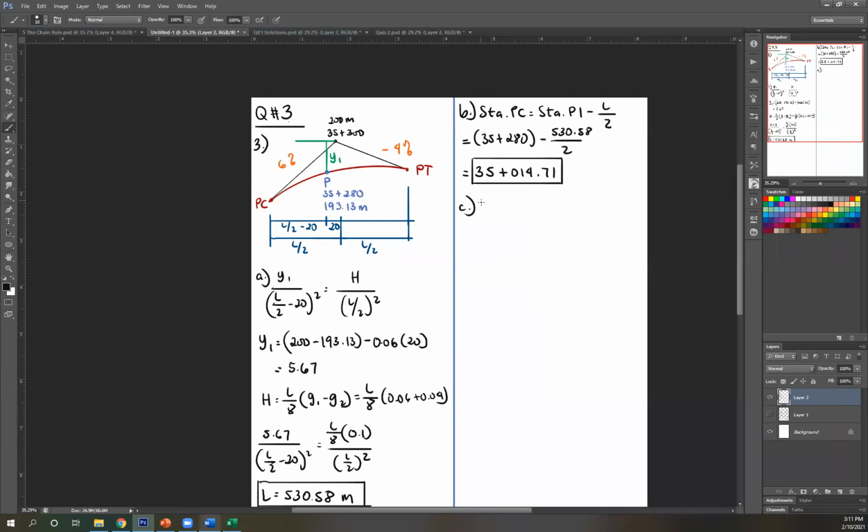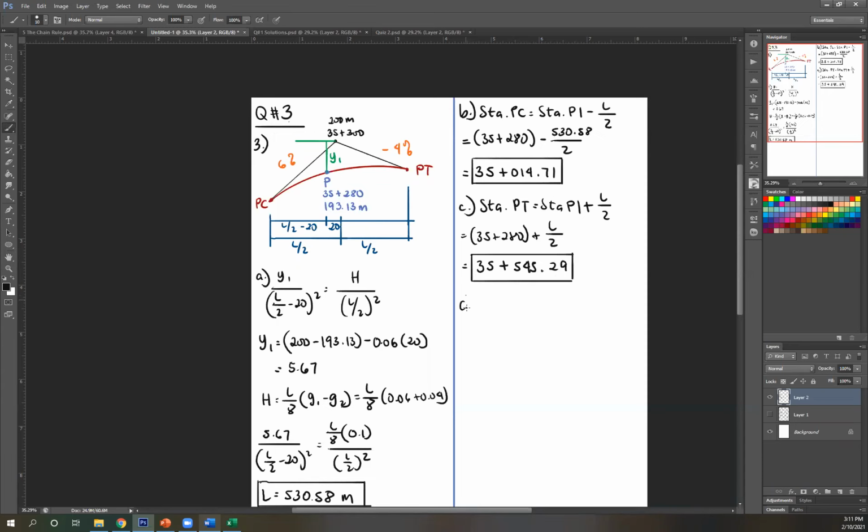That's again easy enough. So same thing. Station PT is now station PI plus L over 2. Or station PC plus L. So 35 plus 280 plus L over 2. So the answer to that is 35 plus 545.29.